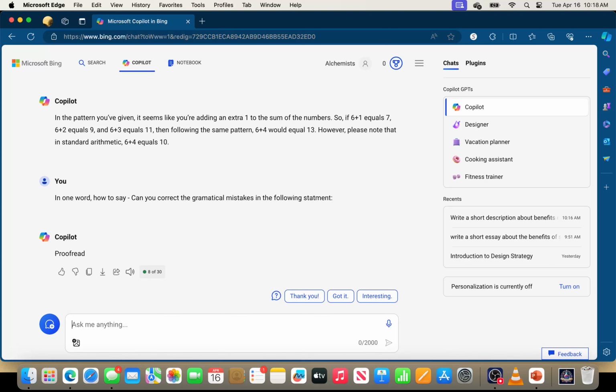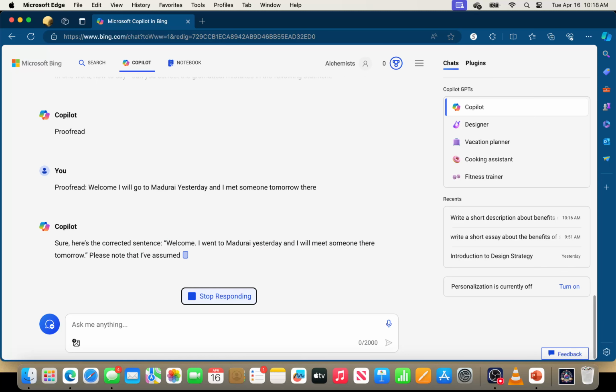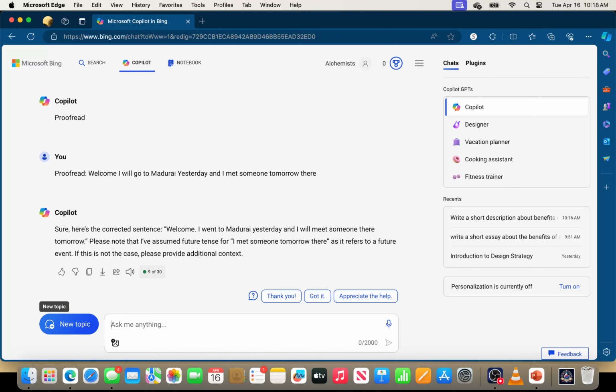Proofread: welcome, I will go to Madurai yesterday, and I met someone tomorrow there. It corrected: welcome, I went to Madurai yesterday and I will meet someone there tomorrow. It is a future event, but it said met, and it also corrected I will go to I went. So it is correcting the grammatical errors in it.